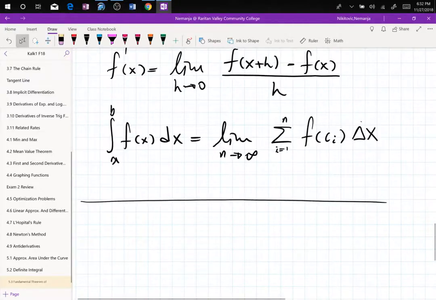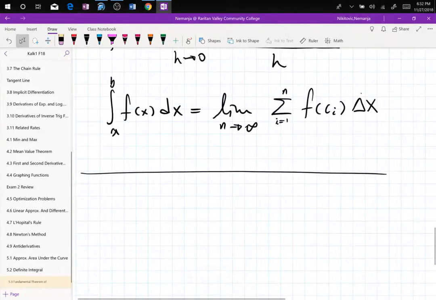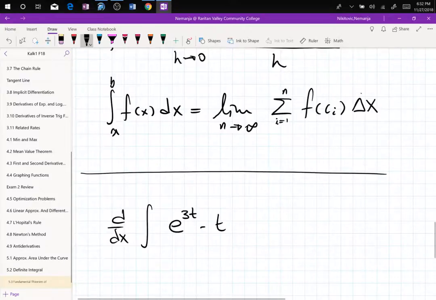So what is the derivative of the integral of e to the 3t minus t squared dt from 6 to x?